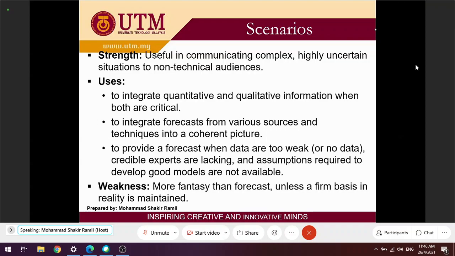We can include these in the scenario analysis, and also we can have scenario results to present to the audience. So various sources and techniques come into a coherent picture of the future. Yeah? We can combine and then come up with a graphic and also an illustration or narrative description of the future.